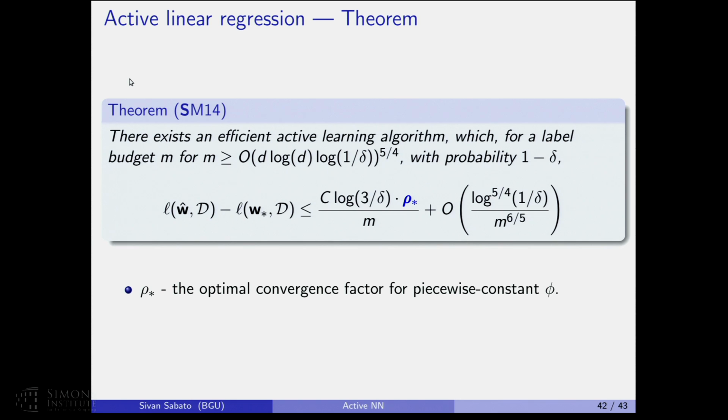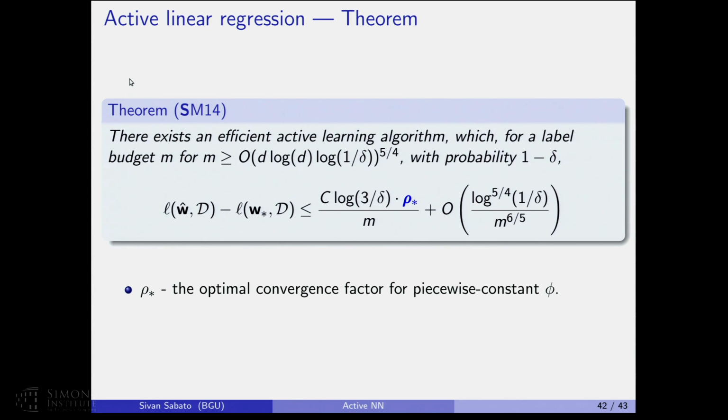So we are left with this rate, which is competitive with what you could get if I told you in advance the right phi to use. Okay? This is rho star, the optimal convergence rate, and we are approaching it using this algorithm.